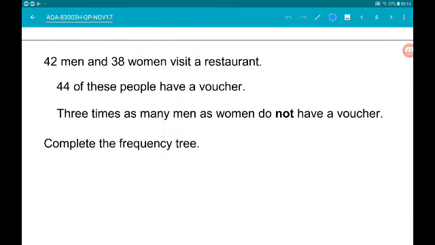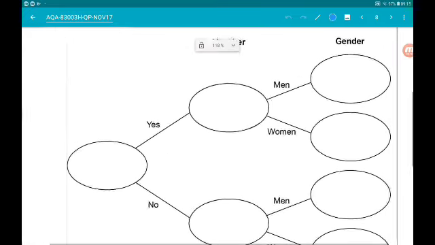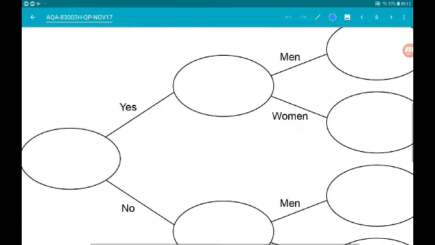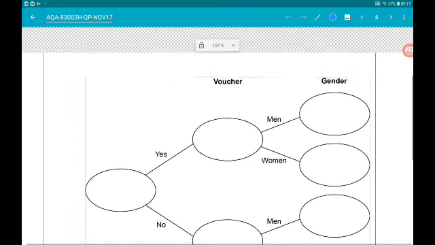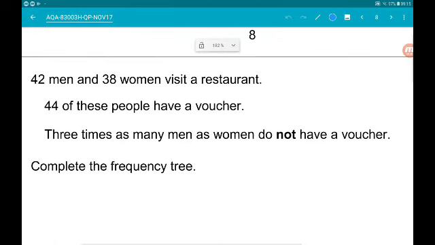Okay, question 11, part A, for 4 marks, wants us to complete a frequency tree. So, 42 men and 38 women visit a restaurant. So, straight away, let's see what we can do down here. So, we know that in total then, we have 42 men and 38 women.